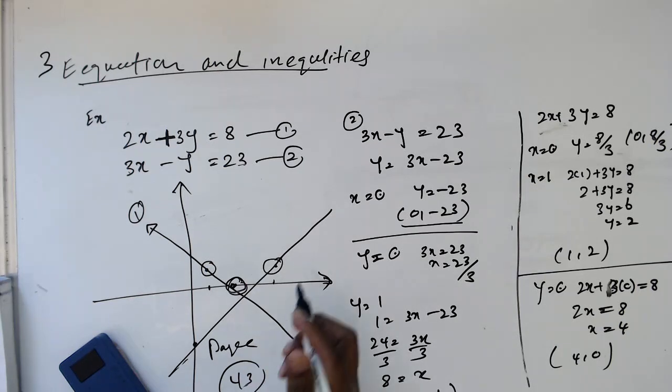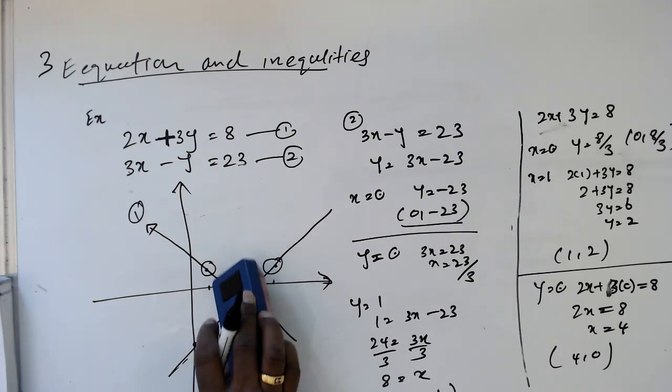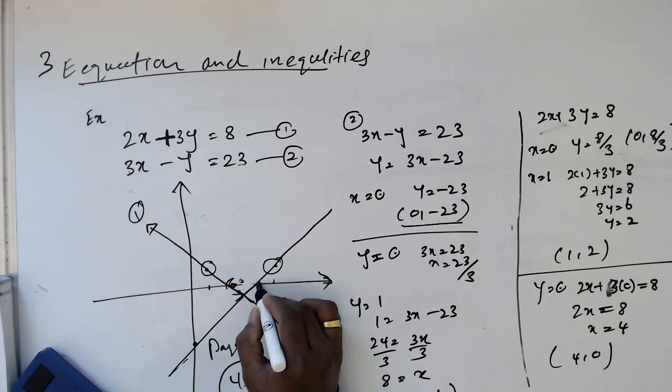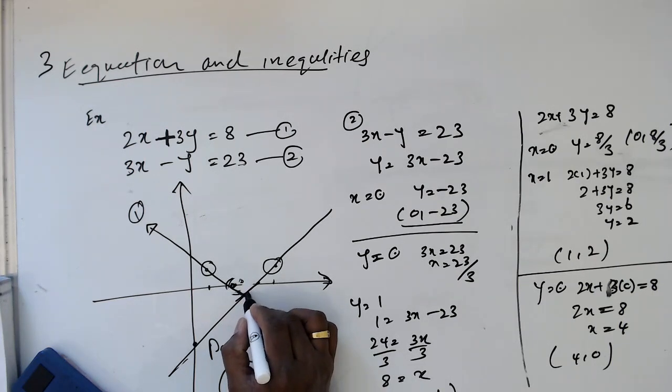When you draw graphically, this is the intersection point.